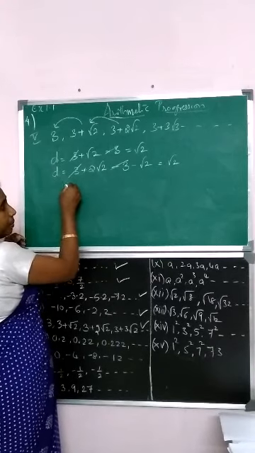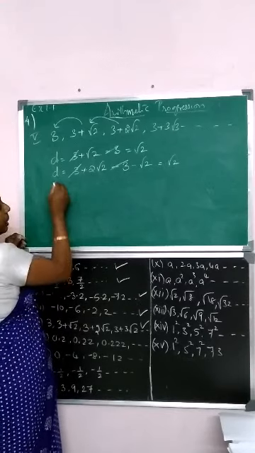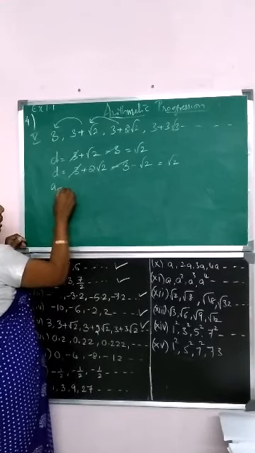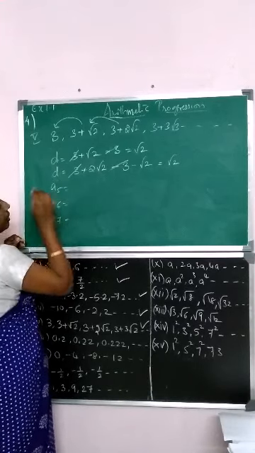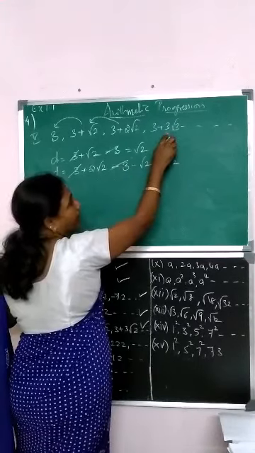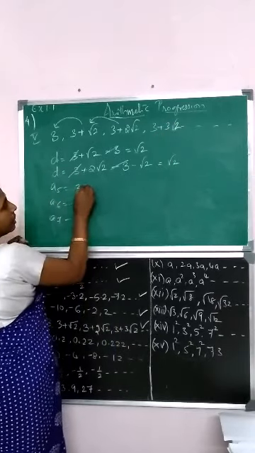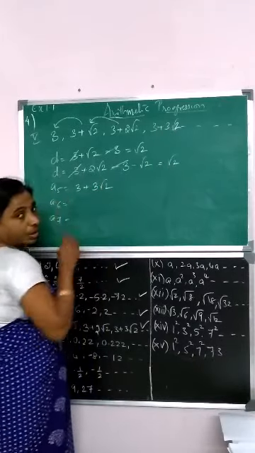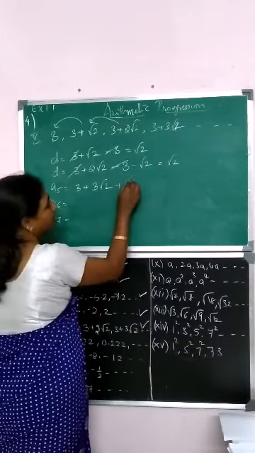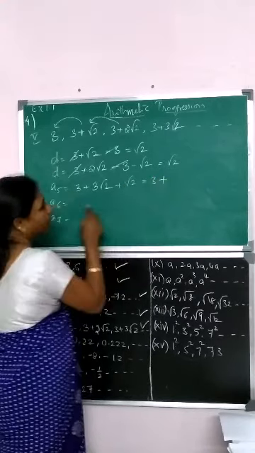So if it is in AP, I have to find out other 3 terms. How can we do that? Now I want A5, A6 and A7. Okay. Now A5, we have to add the common difference to this A4. Common difference is plus 1 root 2. So what it becomes? 3 as it is. Don't add these two.